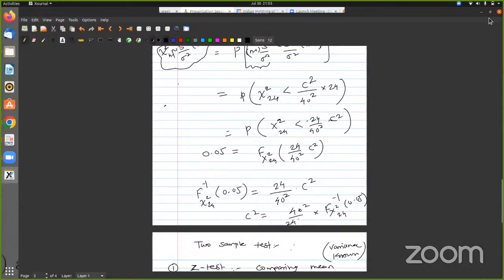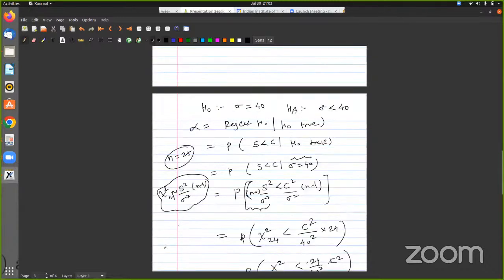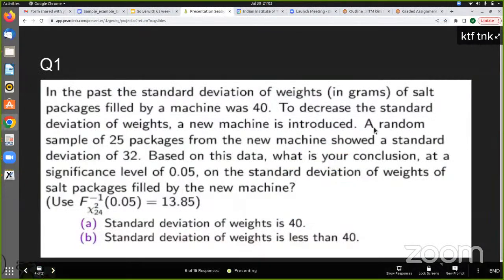You can check the value of c square, which is 923.33, and then you'll compare it with 32 square, which is 1024.